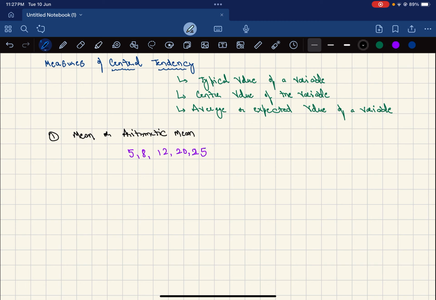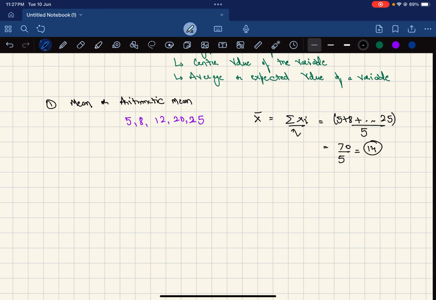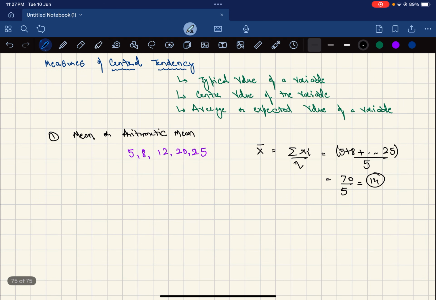To calculate the arithmetic mean, we simply calculate the ratio of the sum of all values to the total number of values. The sum of all values, 5 plus 8 till 25, divided by 5, comes out to be 70 by 5, equal to 14. Therefore, 14 is the arithmetic mean value of this particular data set.